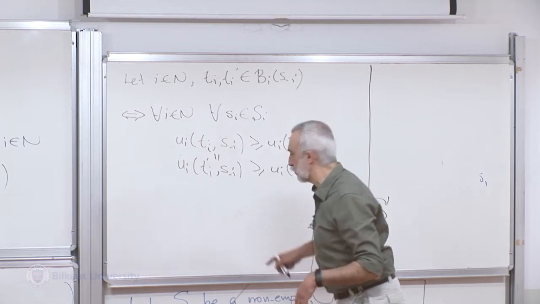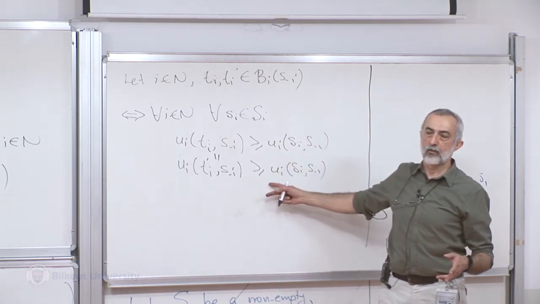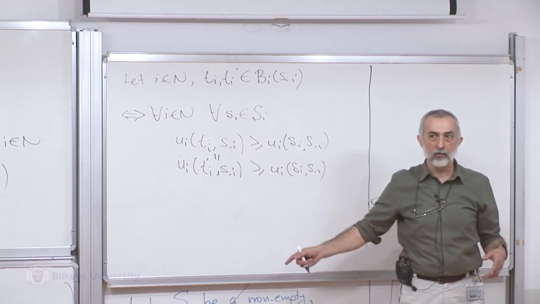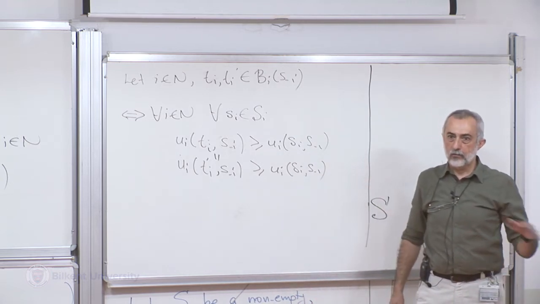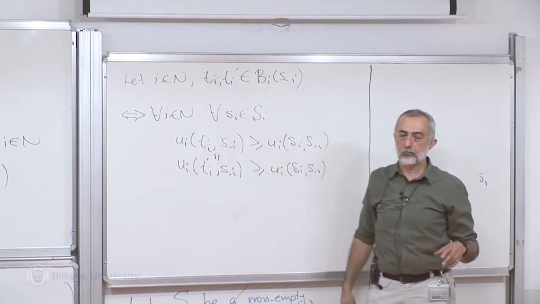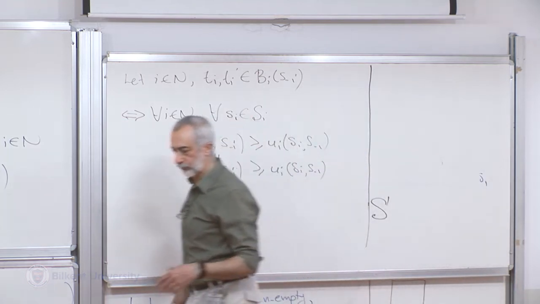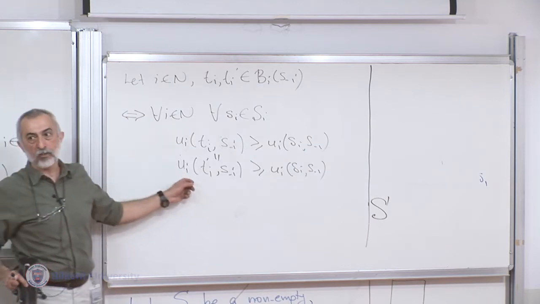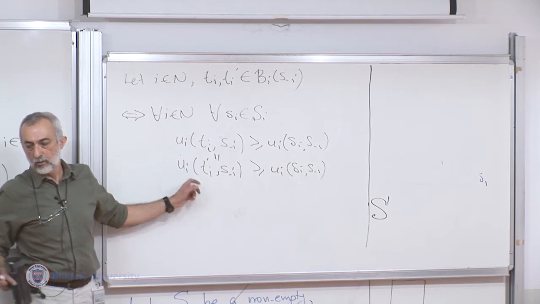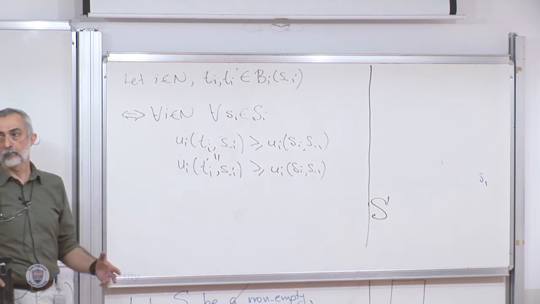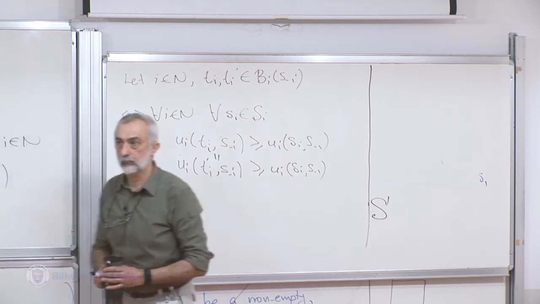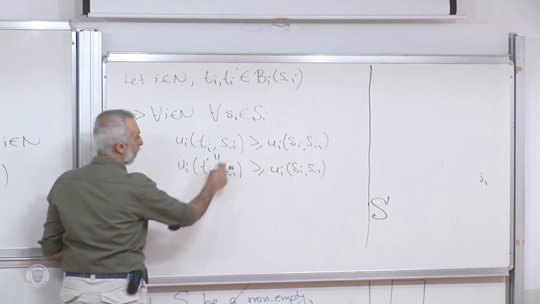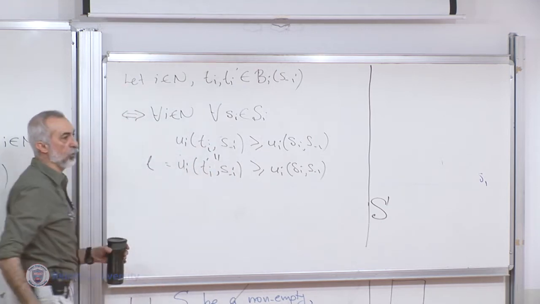We choose a level L, and show that the set of points at which the function takes a value above that level is a convex set. So what would you choose as L? Exactly, right? Choose one of these. So these two are equal, so let this be equal to L.